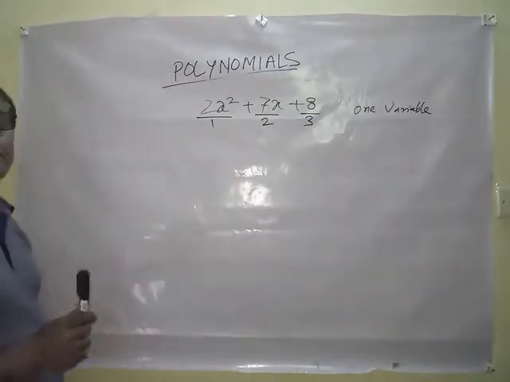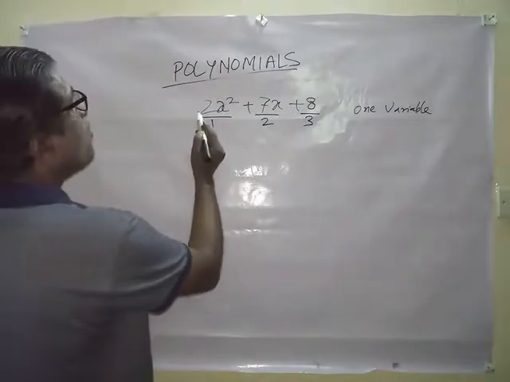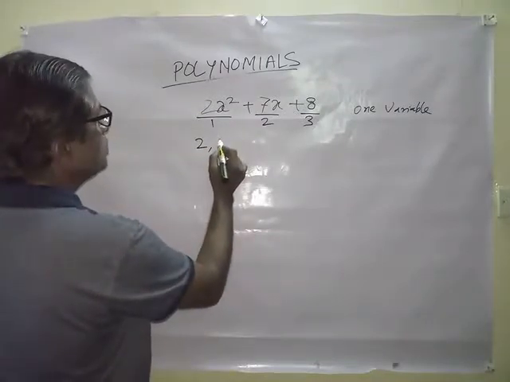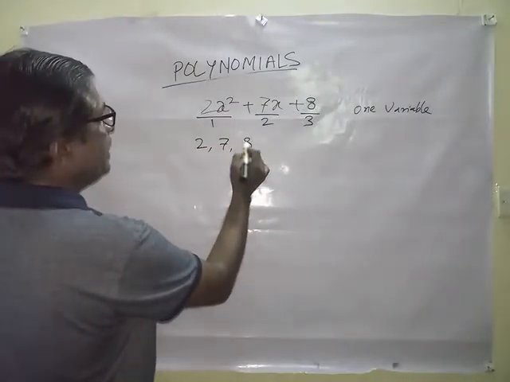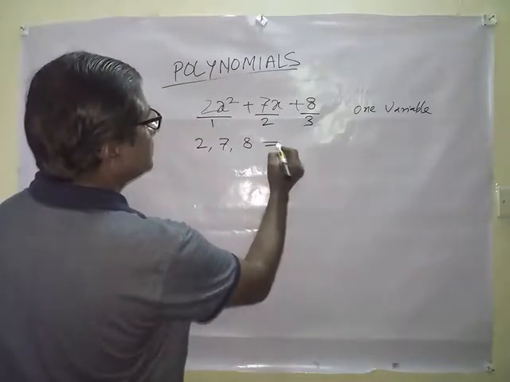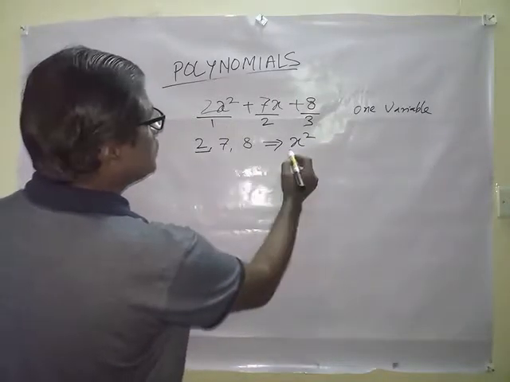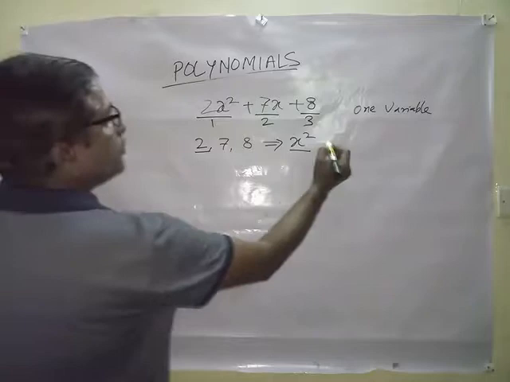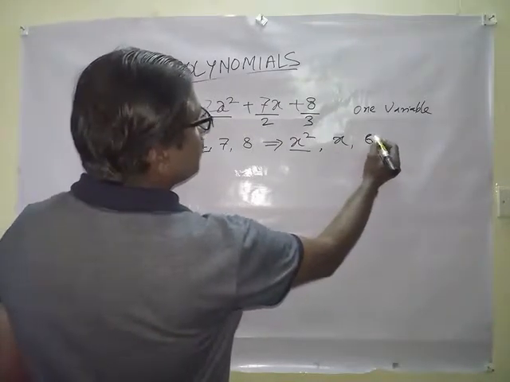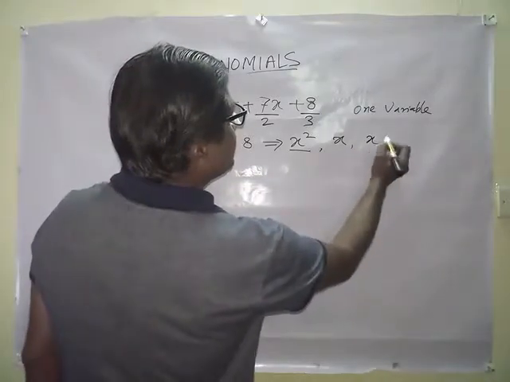Now let us see what the coefficient is. This has coefficients 2, 7 and 8. 2 is the coefficient of x square, 7 is the coefficient of x and 8 is the coefficient of x raised to power 0.